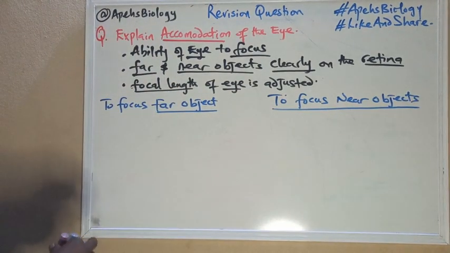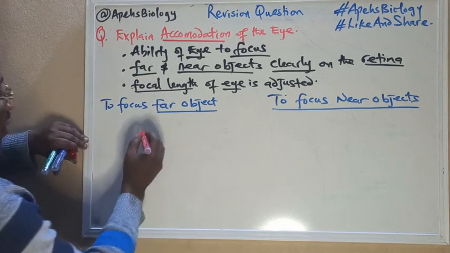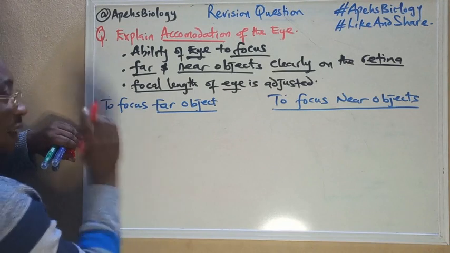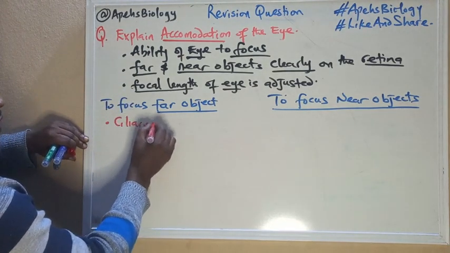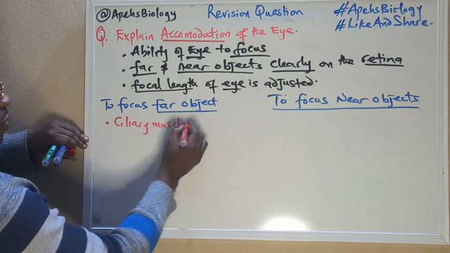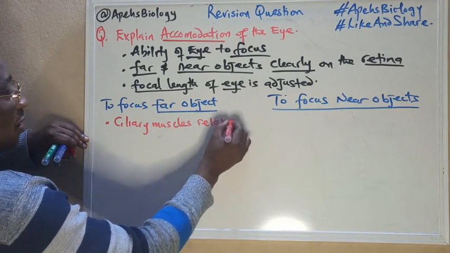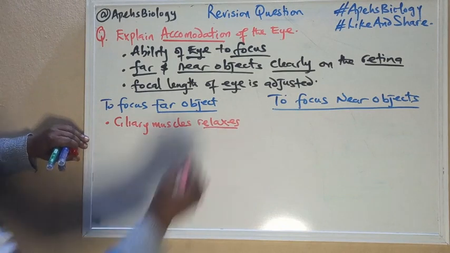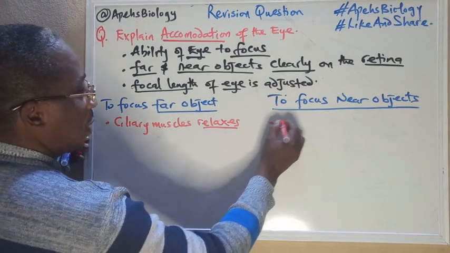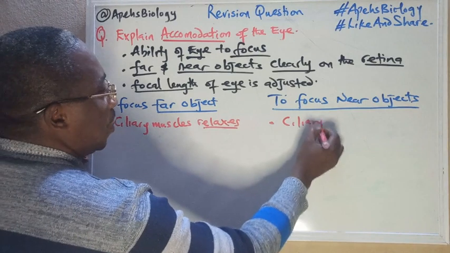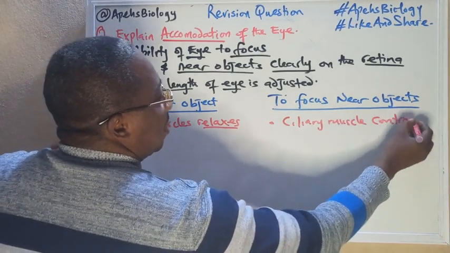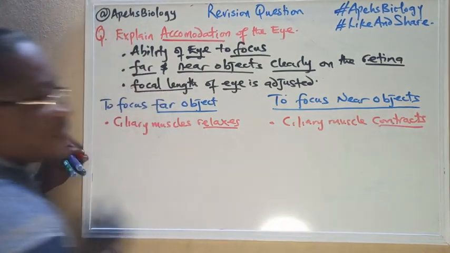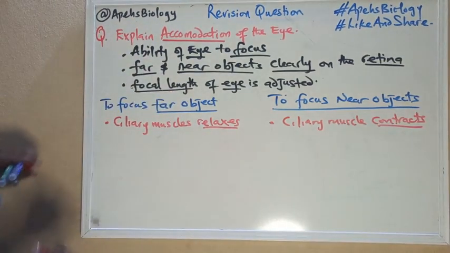When we want to focus far objects, what usually happens is that the ciliary muscles relax. That's what happens here. When you want to focus near objects, the ciliary muscles opposite here contract. This is what happens. Take note of that so that we understand.